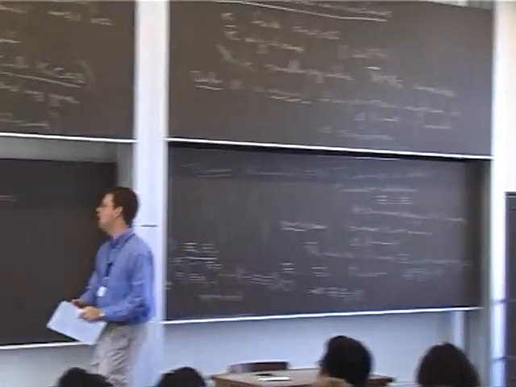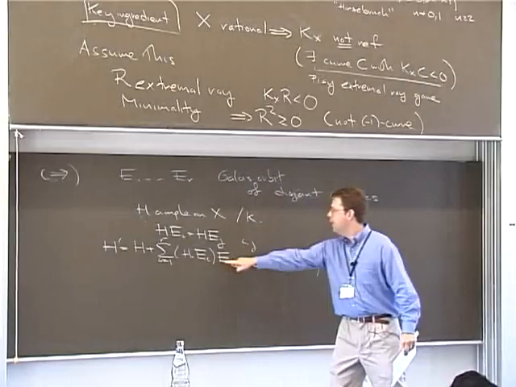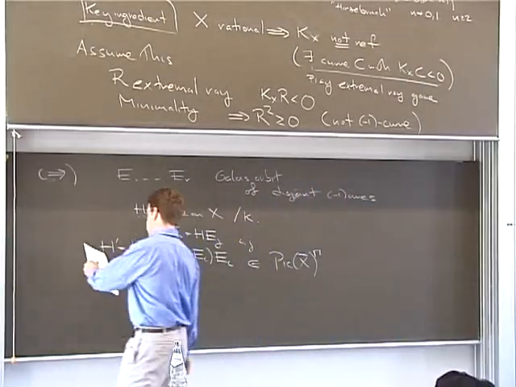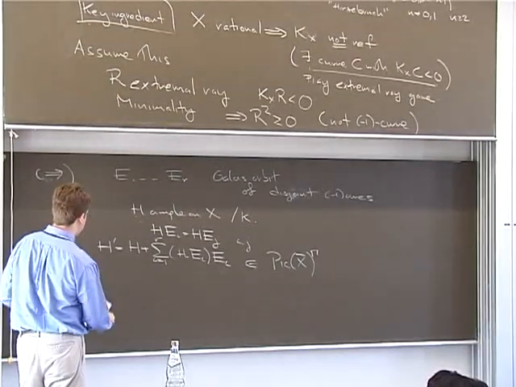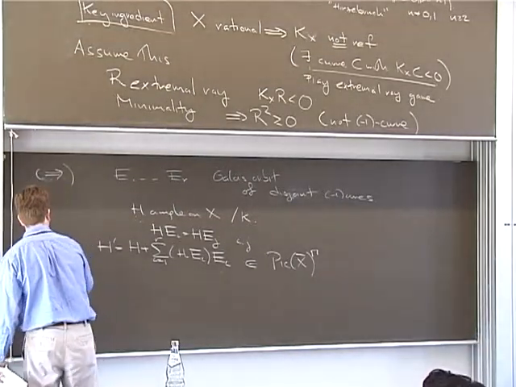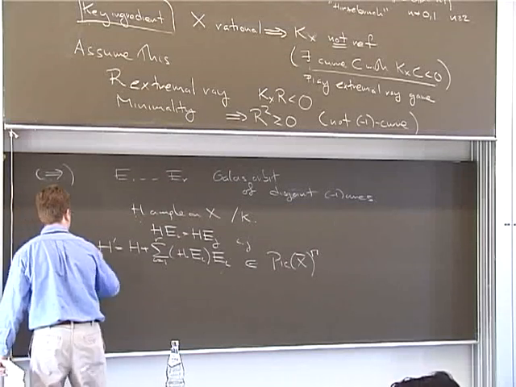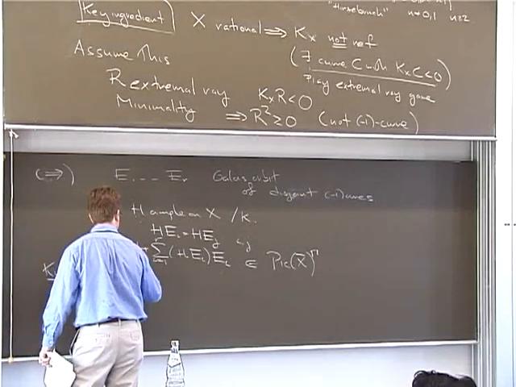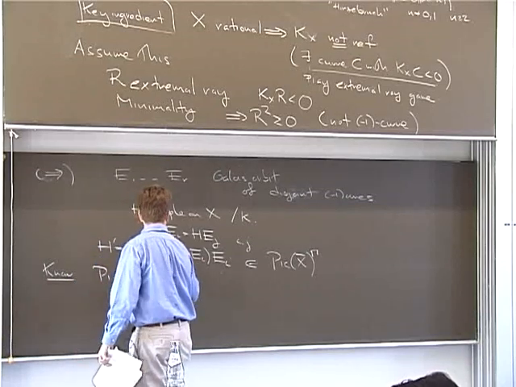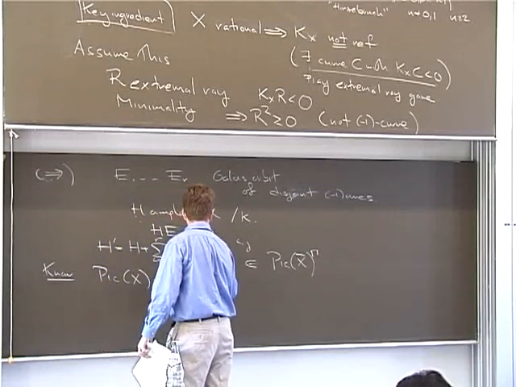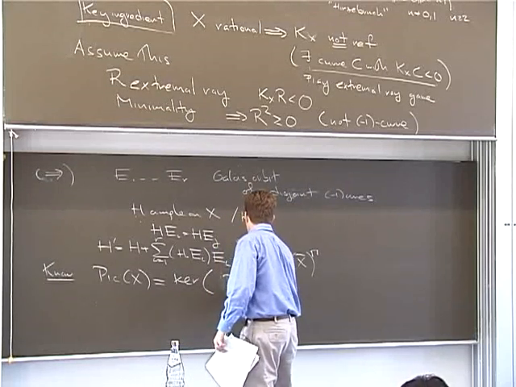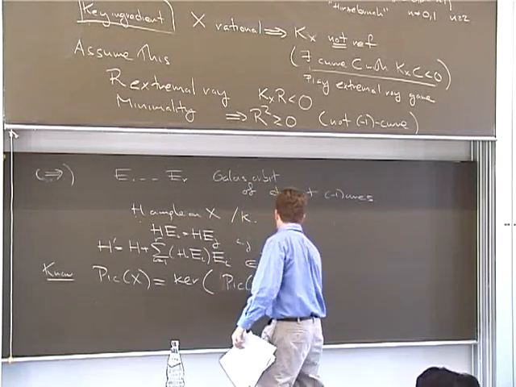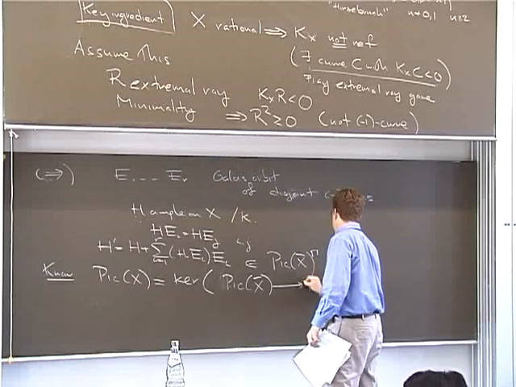We know that the Picard group of X is the kernel of the map from the Picard group of X bar.